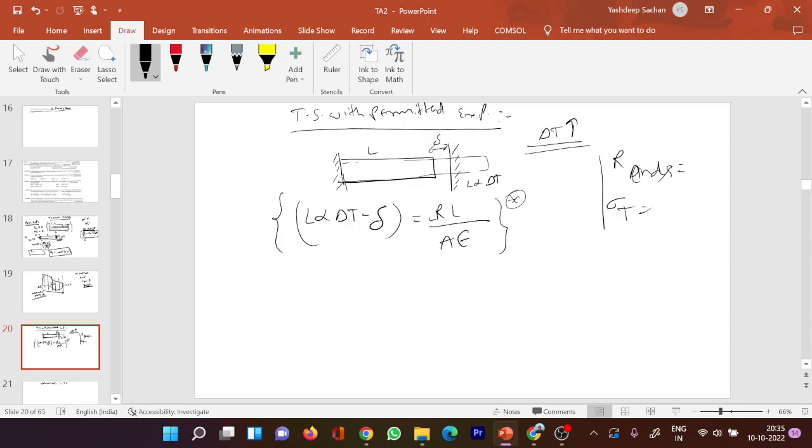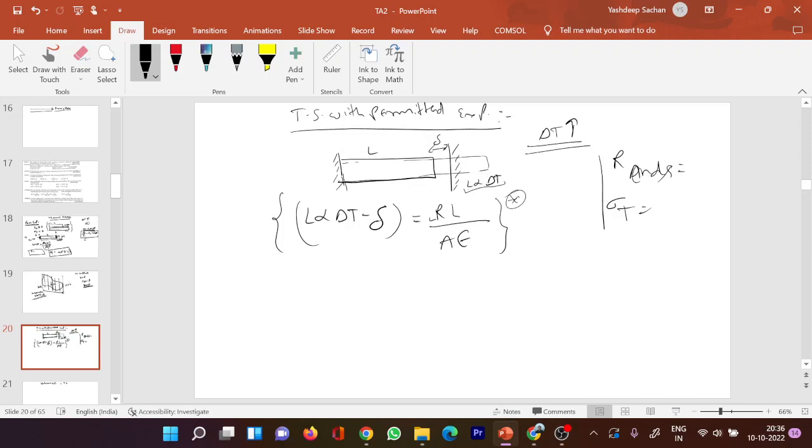Sir, in this case the thermal stress would be there. But if the temperature we have increased gives an expansion less than the delta, that is, if whole L alpha delta T is less than the delta, then no thermal stress would be there, right? Yes, sir. So that we have to check first, how much delta T we have increased. That's why I said first draw this case.